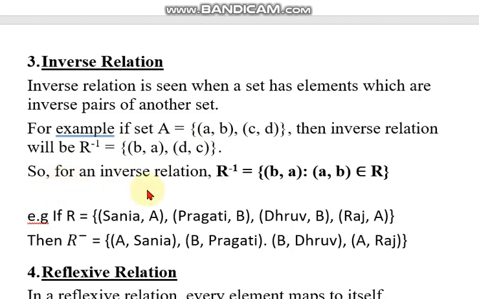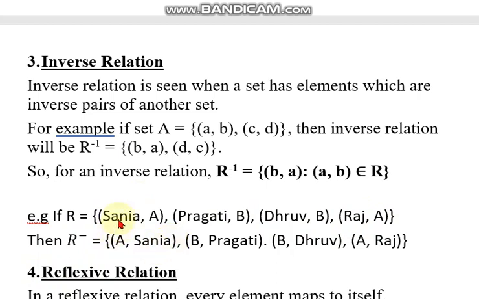Now, for an inverse relation, R inverse is equal to all the ordered pairs (b, a) such that we reverse their order, so that will be (a, b). Okay. Now for example, I have taken here relation R. Sanya, she is a student of group A. Similarly, Pragati, she is from group B, Dhruv from group B and Raj from group A. Now if I want to find R inverse, so that will be A comma Sanya.